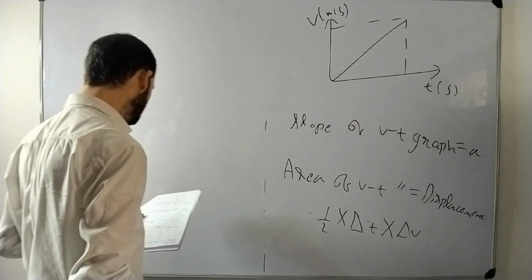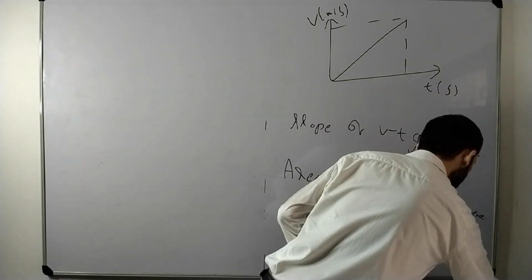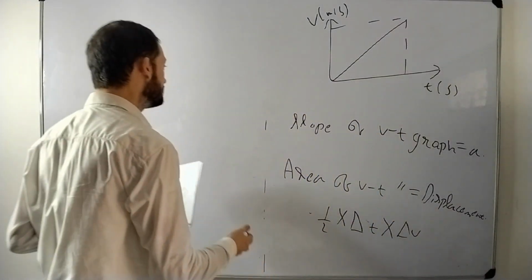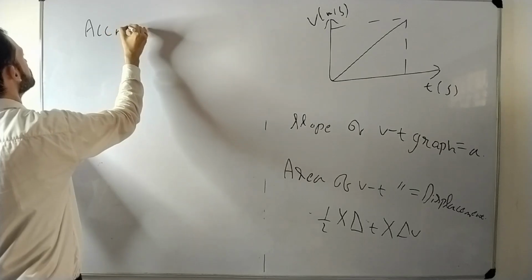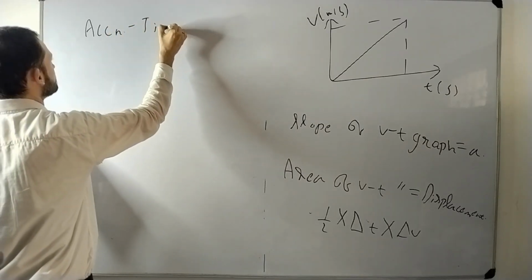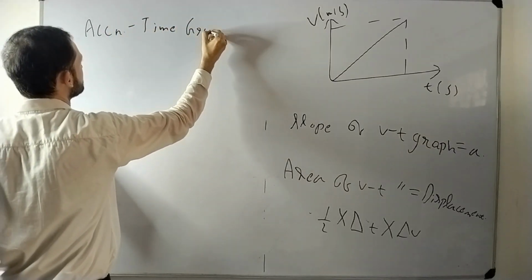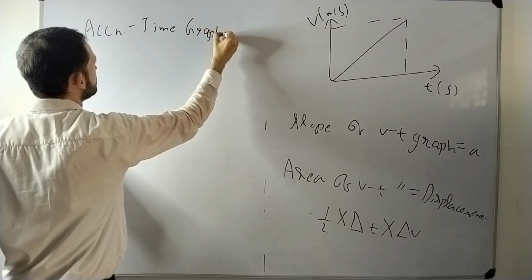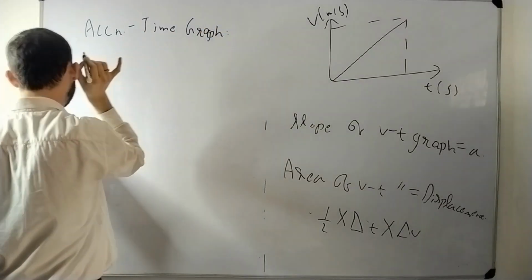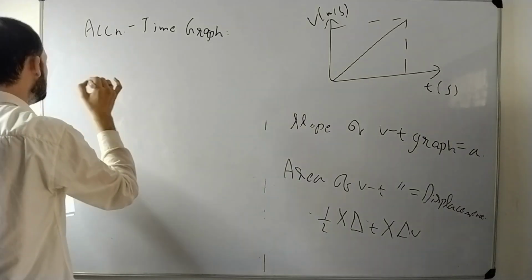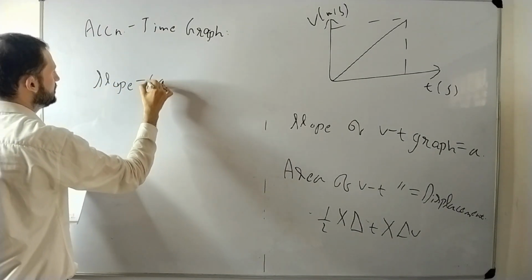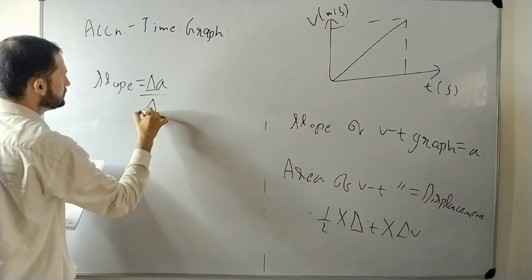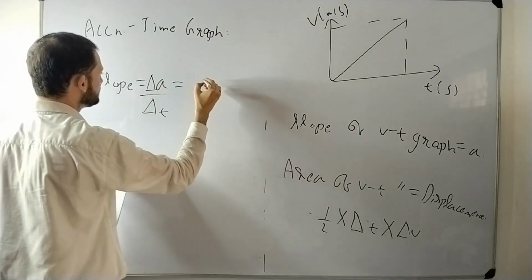Next part, acceleration time graph. So you have already erased acceleration time graph. So what will it give us? Jerk, students, jerk. So slope of del A del T gives us jerk.